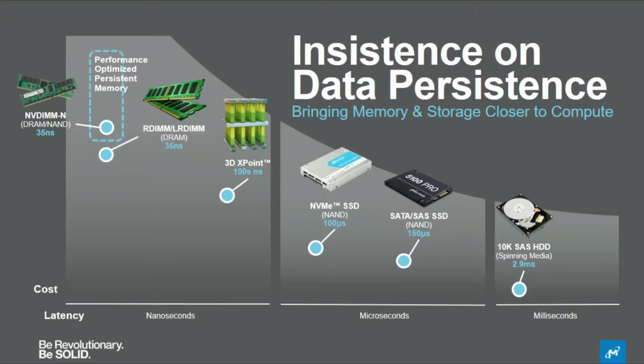So it fits right in between the most expensive and the fastest volatile memory and the slower but still pretty fast NAND flash. Okay, so if you can just picture in your mind, this is a chart that really helps to illustrate what that is. Yeah, it's going to be a little bit more expensive than NAND flash, but it is going to be faster. So basically, you're getting storage at memory speeds.